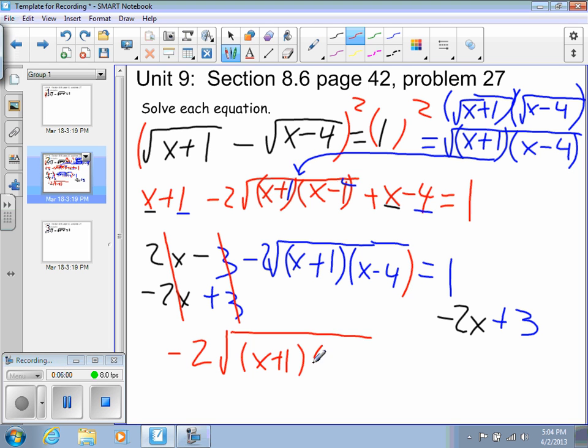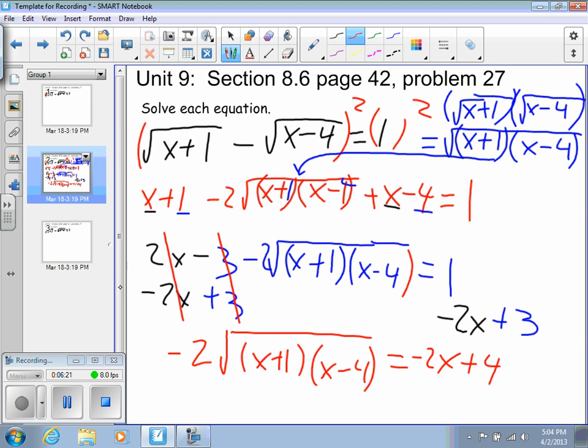I can close my parentheses there. Times x minus 4. And then over on the other side of the equal sign, minus 2x, and when I combine my like terms, my 3 and my 1, I get plus 4.